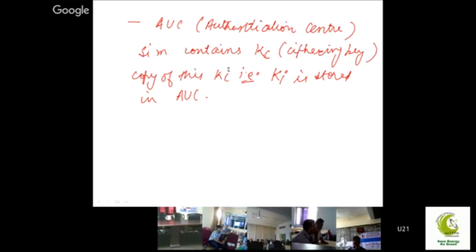You might have heard about the word cloning. Cloning means making a duplicate copy of our SIM. Some third person or any other person can make a duplicate copy of the SIM, but he will never get to know the KI, that is the authentication key which the network has stored for our KC, for our SIM.